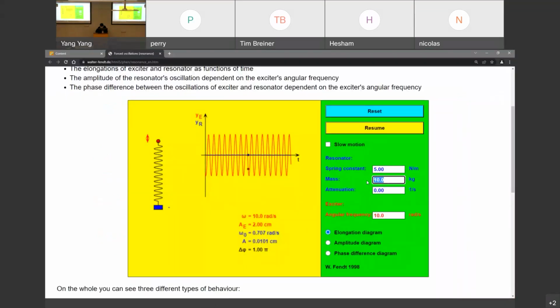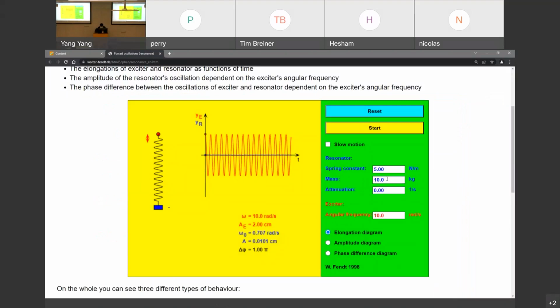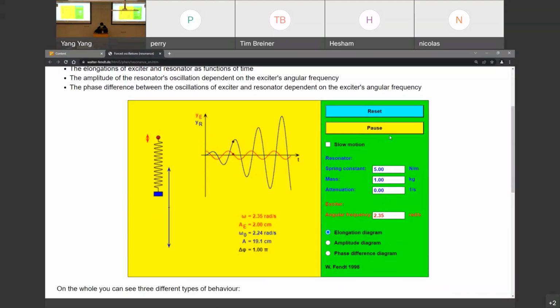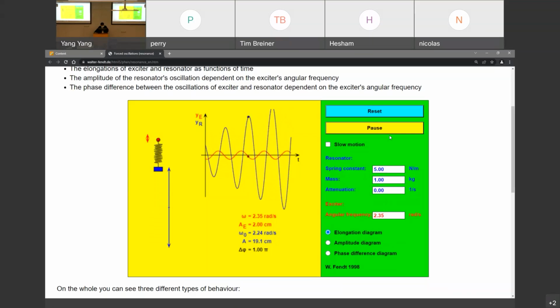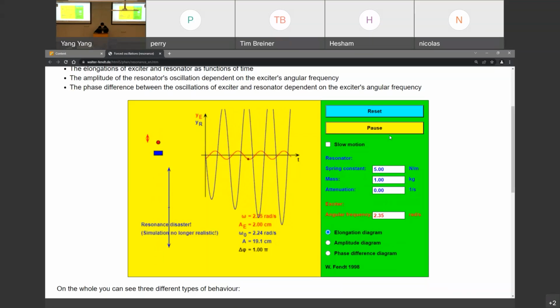Example here, let's go back. Natural angular frequency, if we have the angular frequency equal to one, you can see here that the amplitude is a disaster.